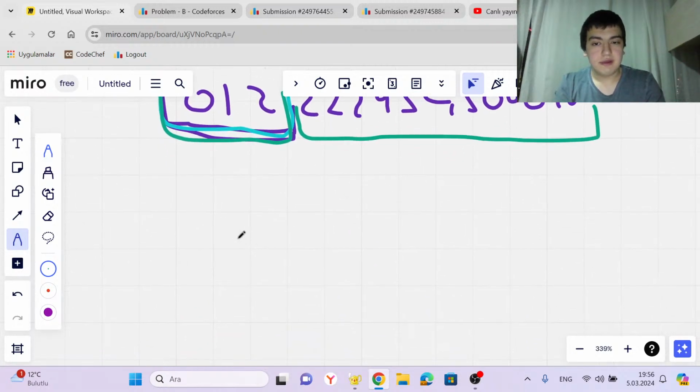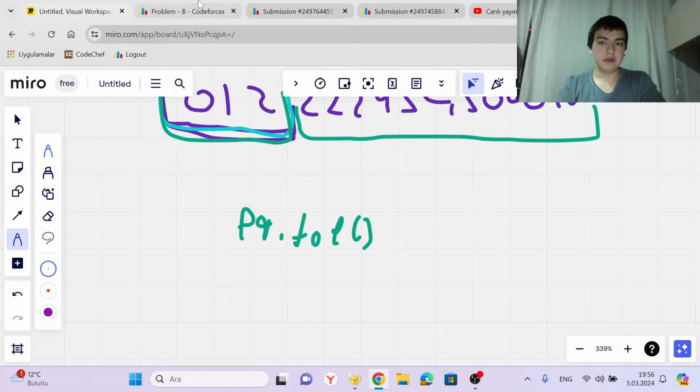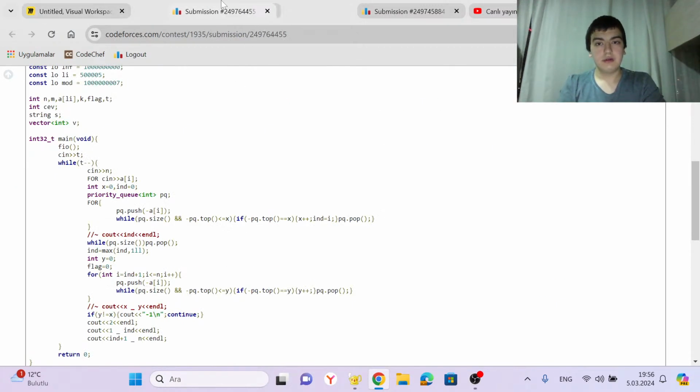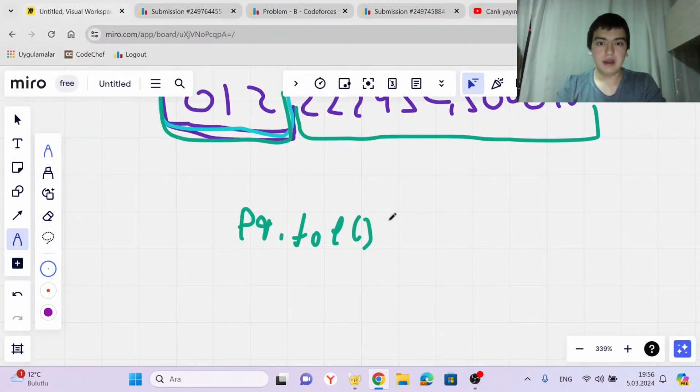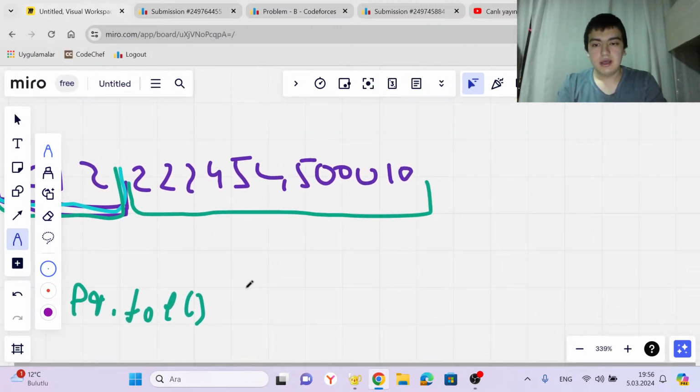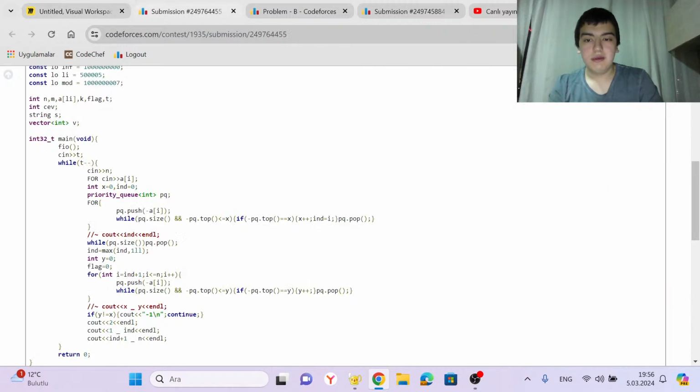This gives, when I say priority_queue.top, the smallest element to me. In the normal priority queue, it gives the biggest element in the array. But I have pushed the elements with negative order.